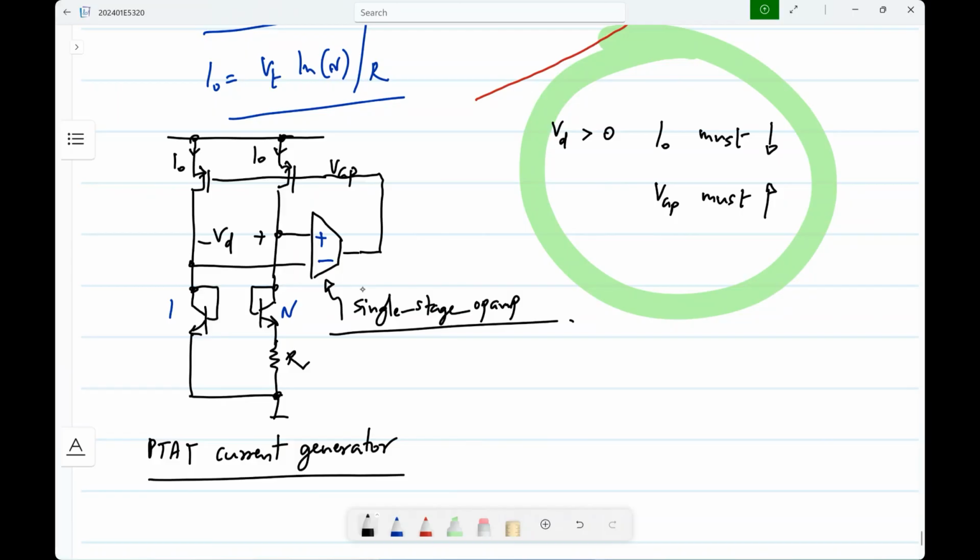This will give you a current, and you can change that to a voltage that is related to the temperature. So this can also work like an absolute temperature sensor. That's why this is very important. We'll see some more details of this, but I will keep showing the bipolar example, but the MOS works in the same way.